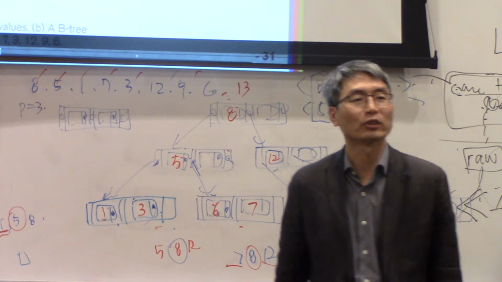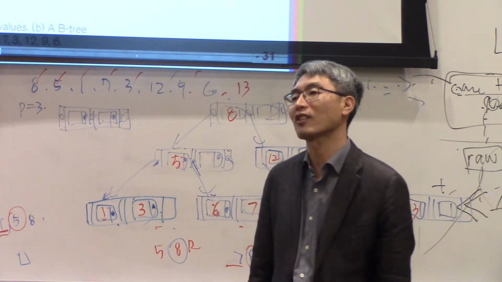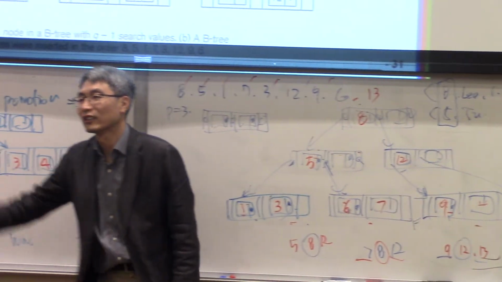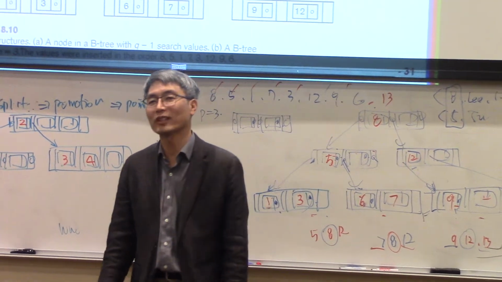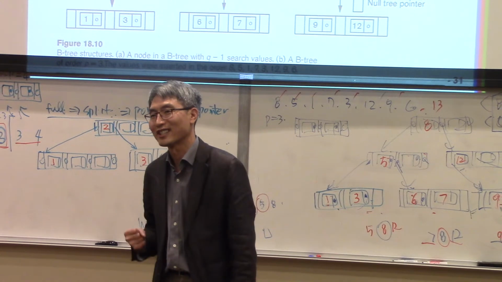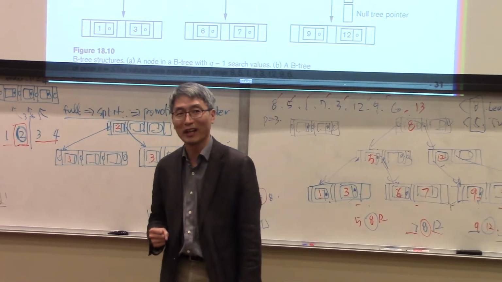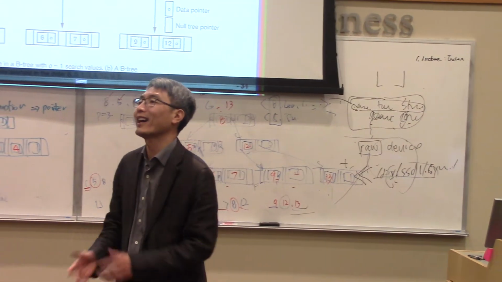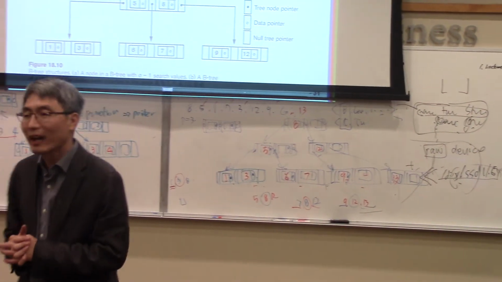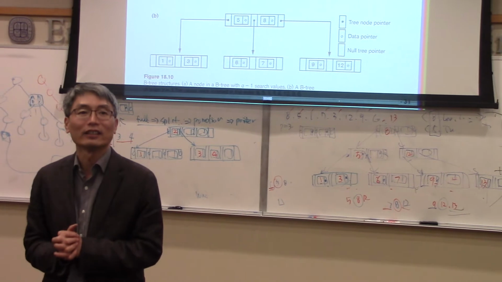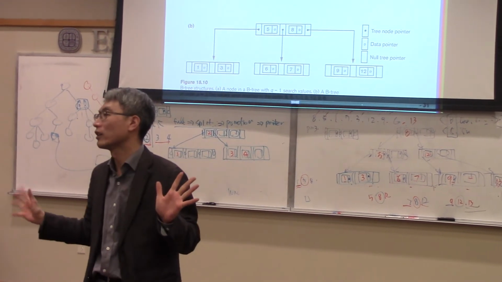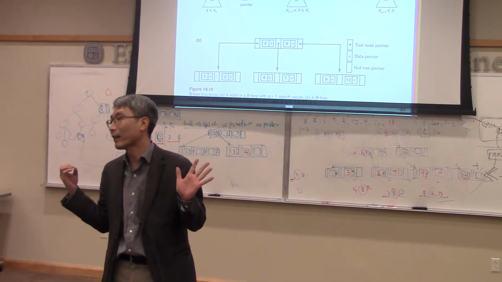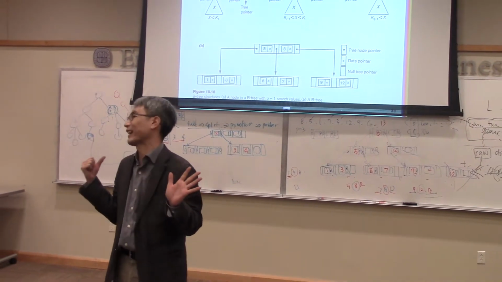Study the B plus tree over the weekend. On Monday I will quickly explain the B plus tree, then we'll have the quiz for the B tree and the B plus tree. 99% of the indexes used anywhere in the world are B plus trees. And some simple databases use a B tree index.